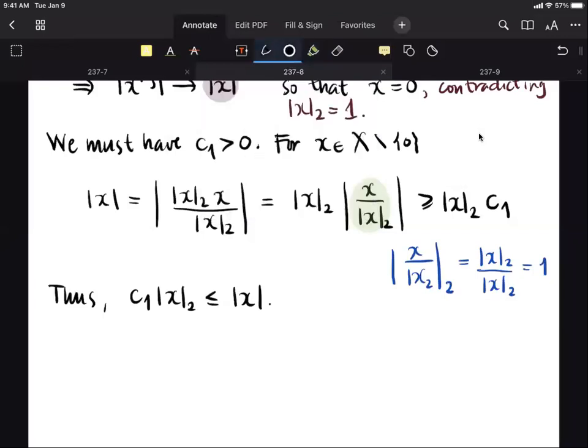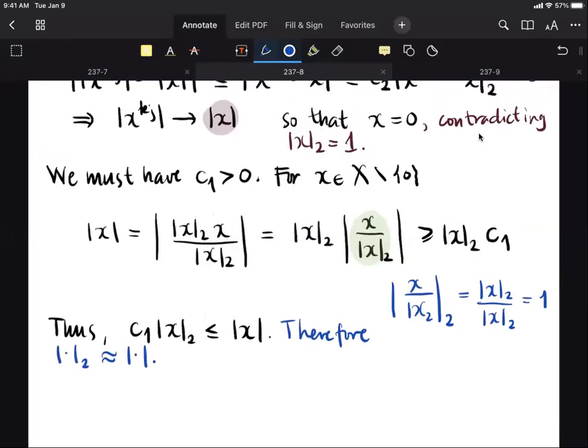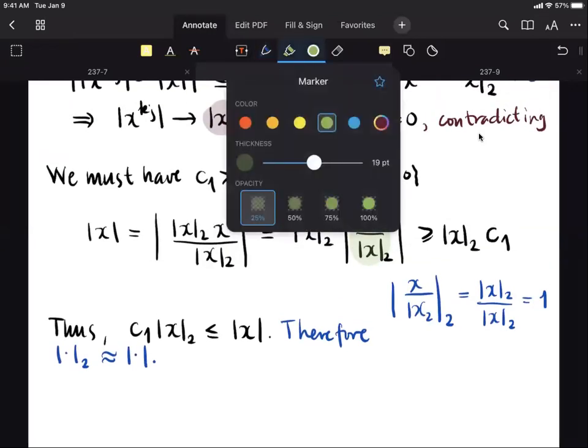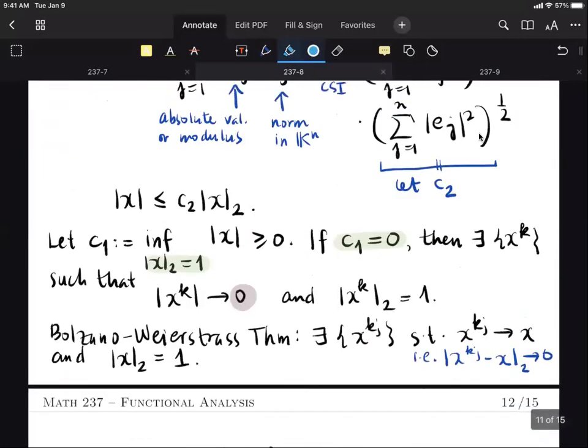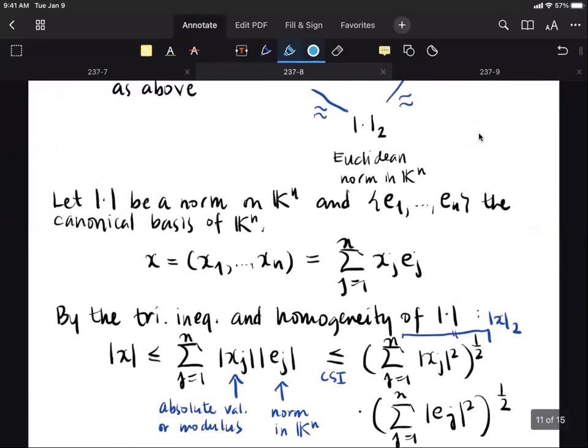So we can now conclude therefore our Euclidean norm is equivalent to the given norm. And this is due to this inequality here, and the reverse was already established before.